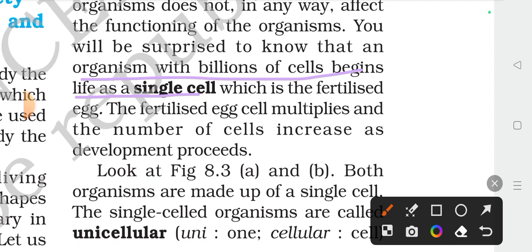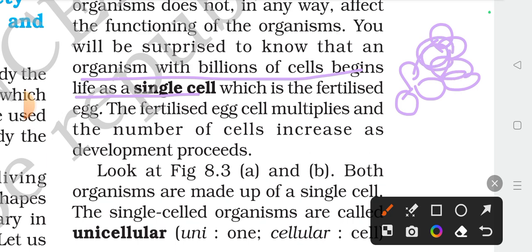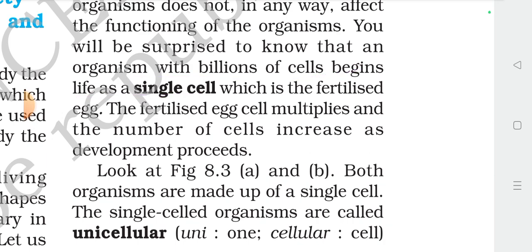So, why are we saying one big organism having billions of cells starts its life with a single cell? One cell is formed, with a nucleus. Then it is divided. Binary fission takes place and thus the zygote forms and then the zygote develops into a foetus, and it forms like this only.